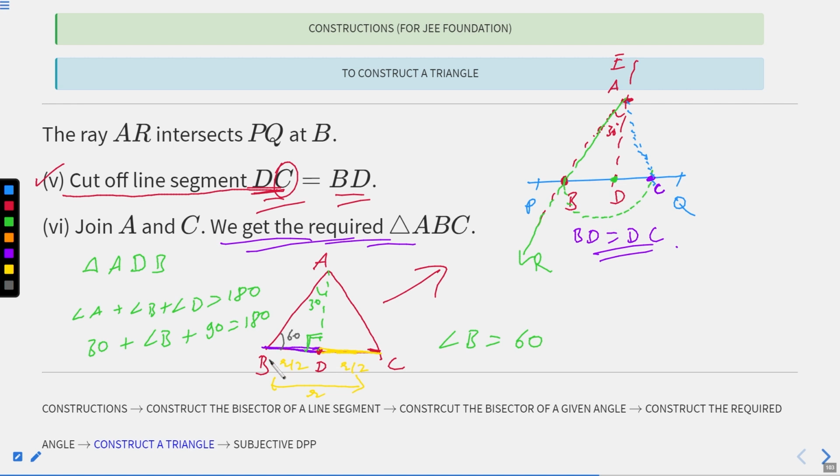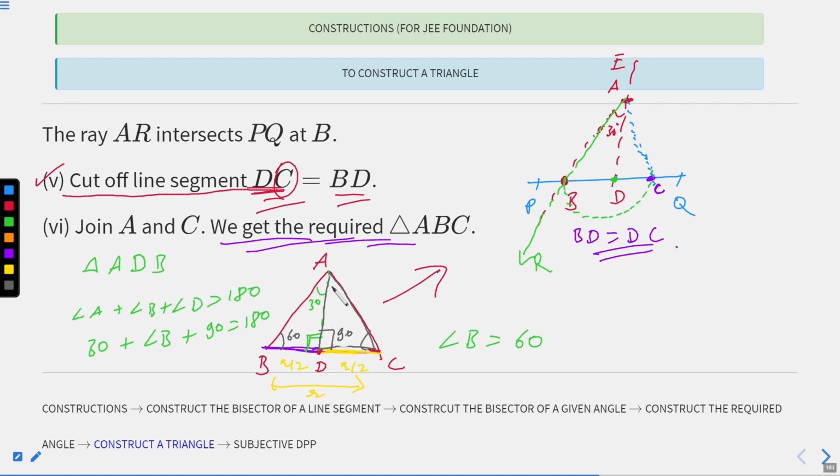So I know this angle is 60 degrees, and with a similar approach in triangle ADC, I know this is also 90 degrees.